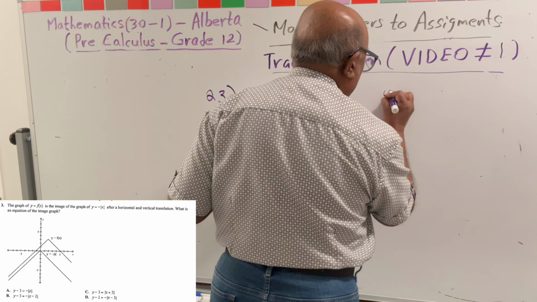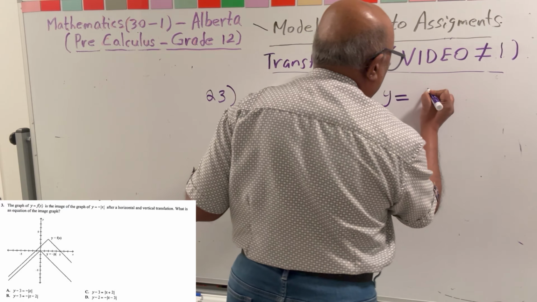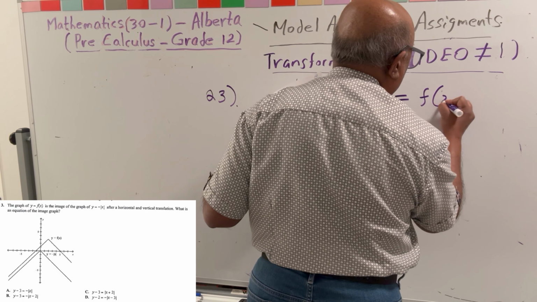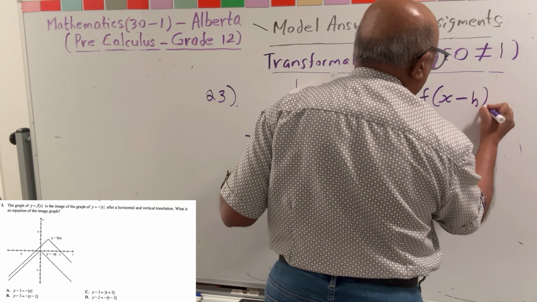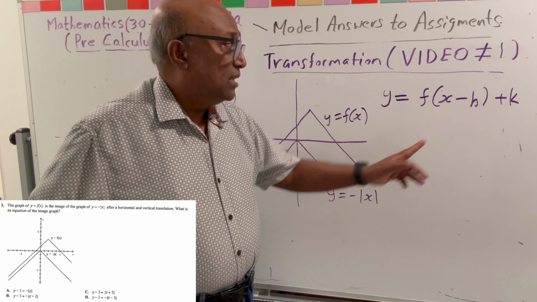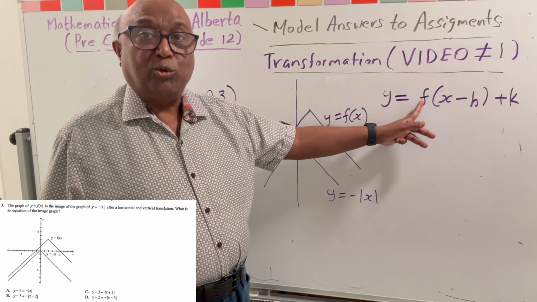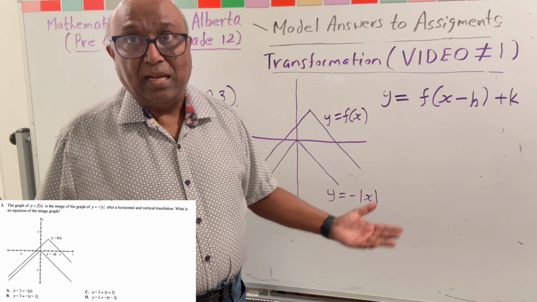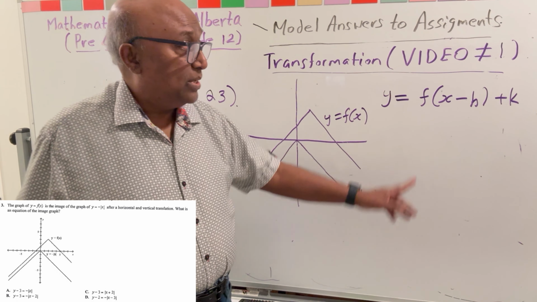Let's try the standard equation. Y equals a f of b times x minus h plus k. That means in the combined transformation, a is equal to 1, b is equal to 1, as those are not applicable, okay?